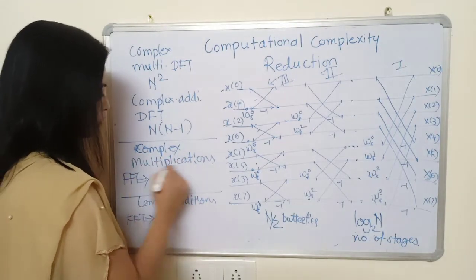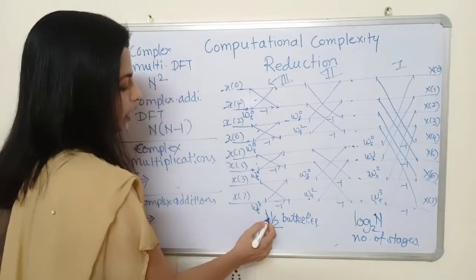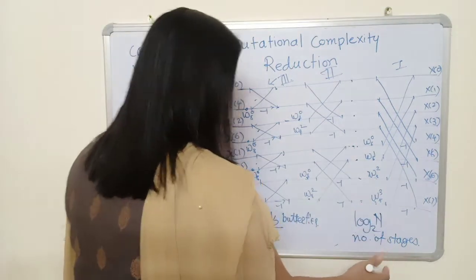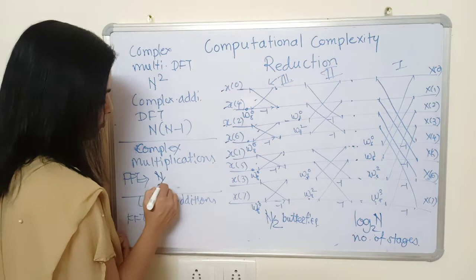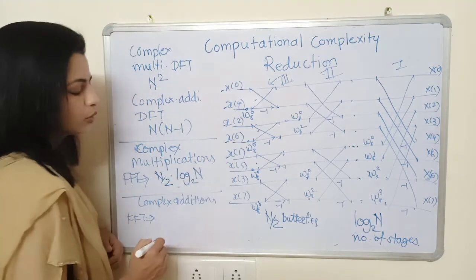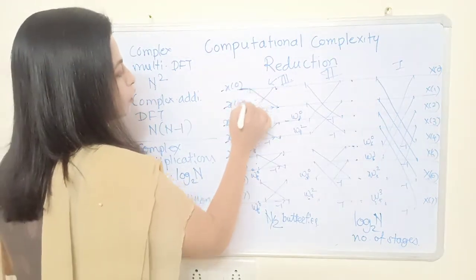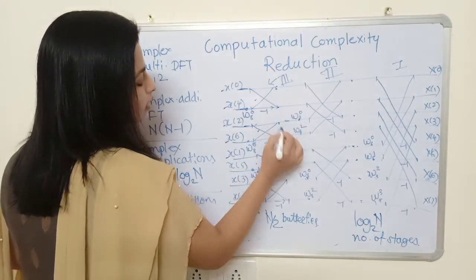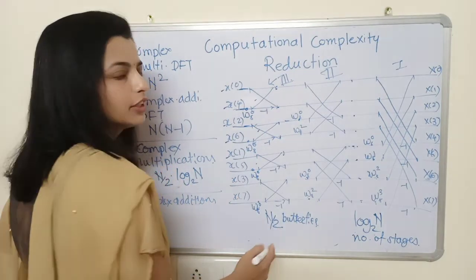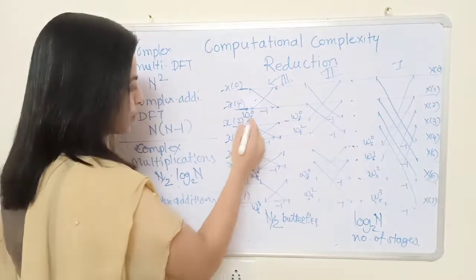Number of complex multiplications for each stage are n by 2, n by 2 into the number of stages. So it will be n by 2 into log n to the base 2. And the number of complex additions: for each butterfly we need 2 additions, number of butterflies into 2.